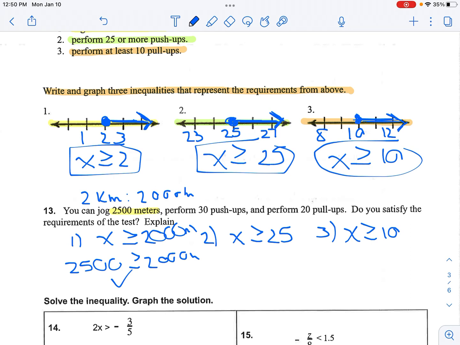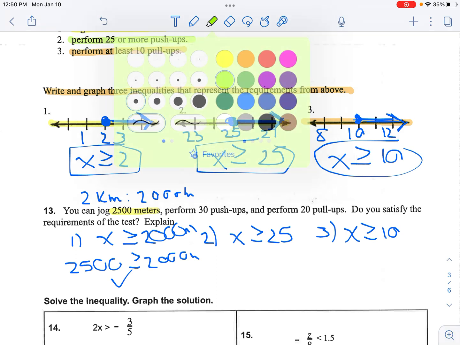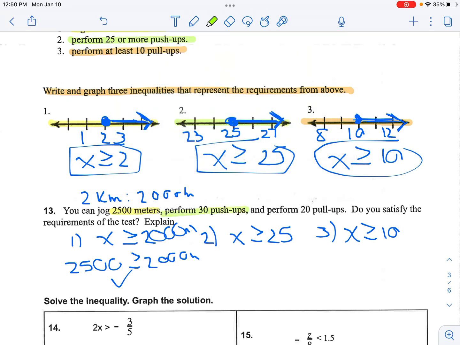Number 2, I have to perform 25 or more push-ups, and in the problem down here, it says you perform 30 push-ups. So substitute 30 for your x. Is 30 greater than or equal to 25? Yes. And my pull-ups: perform at least 10 pull-ups, and I perform 20 pull-ups.